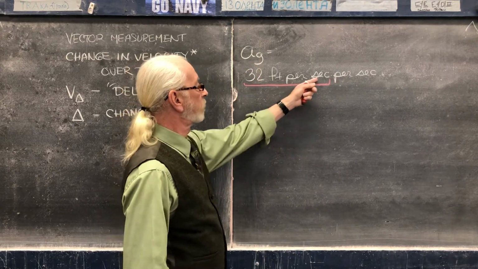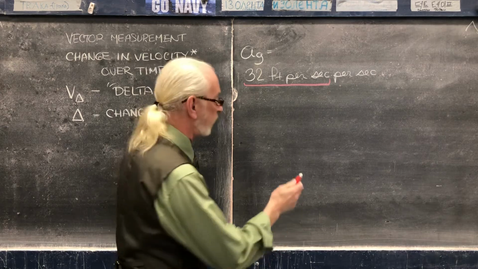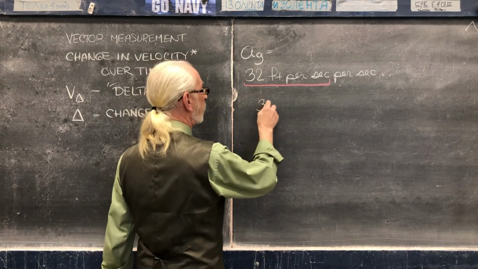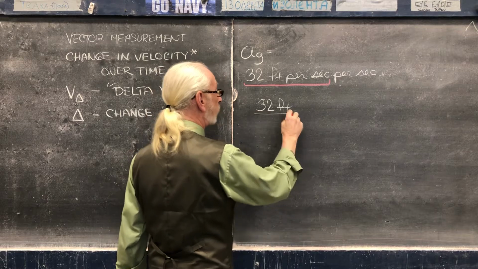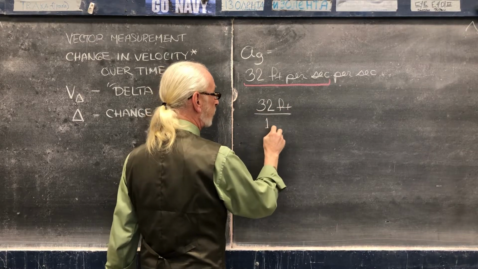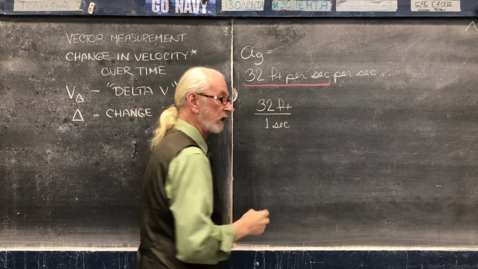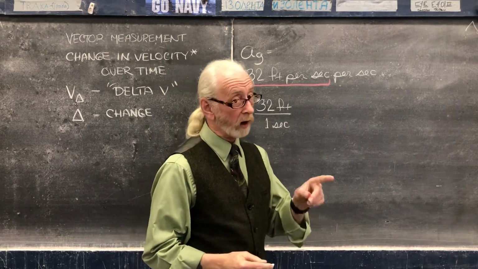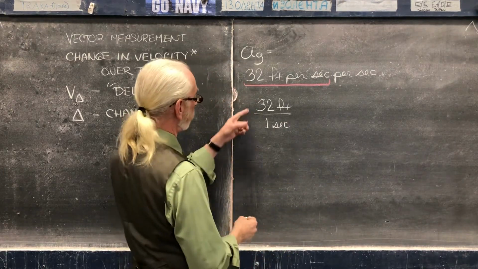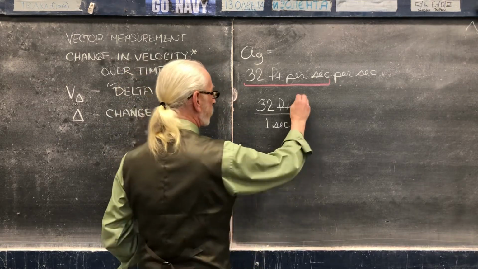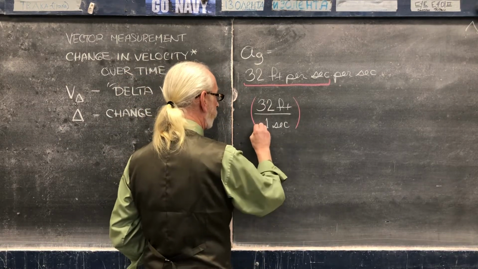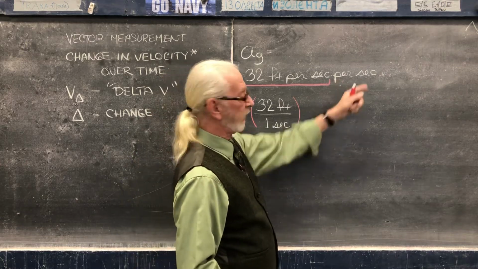32 feet per second. Another way that I can write that is this way. 32 feet over 1 second. Because remember, I told you a few weeks ago, per means over here in Maine. All right, so there it is, 32 feet over 1 second. But we still have this hanging out there.